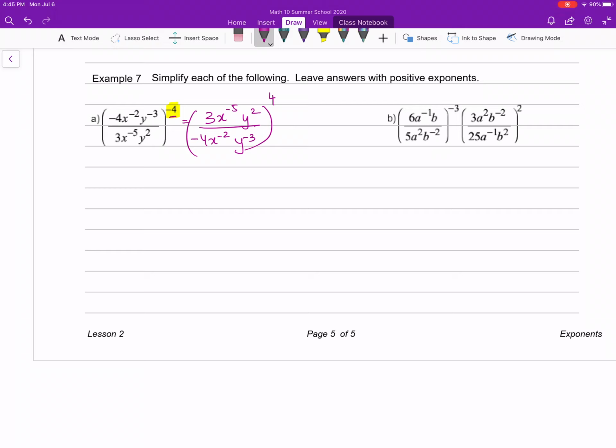Now distribute the exponent. 3 to the power 4, x to the minus 5 times 4, minus 20. Now y, 2 times 4 is 8, minus 4 to the power 4, x to the minus 2 times 4, minus 8, and y to the minus 12.